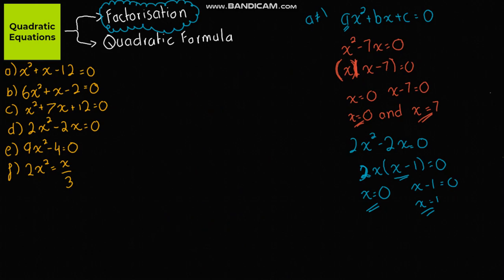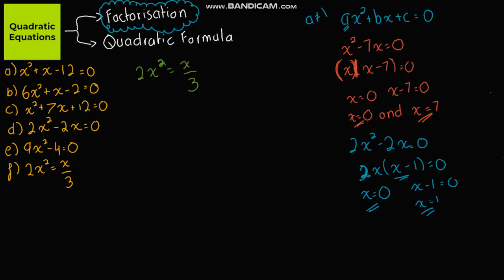So what we have over here is a different kind of question, which is, let me write in green, 2x squared is equal to x over 3. Now here we have a problem. It is not equal to 0 when there's a variable to the power of 2.